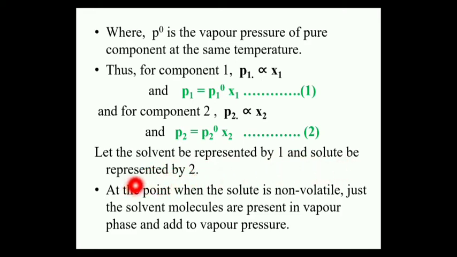Now at a point when the solute is non-volatile, that is the solute molecules are non-volatile in nature, just as the solvent molecules which are volatile, that is which are present in vapor phase, so what will happen? They will add on to the vapor phase. That is, the solute molecules are non-volatile, but the solvent molecules are volatile, that is they are present in vapor phase, so they will add on to the vapor phase.